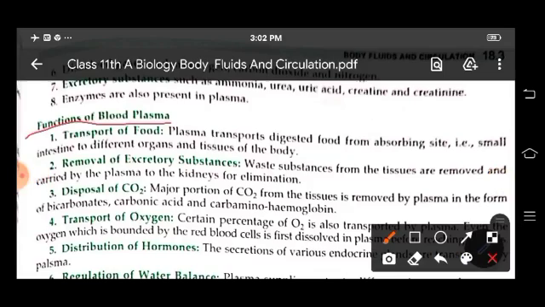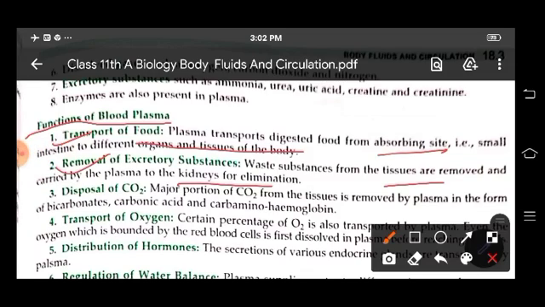Now, functions of blood plasma. Children, plasma transports the digested food from the absorbing site to the different organs and tissues of the body. It also helps in removal of excretory substances from tissues to the kidneys for elimination.